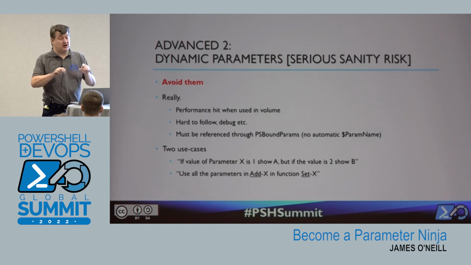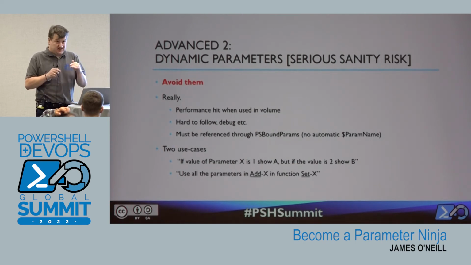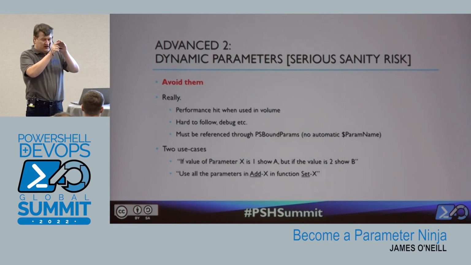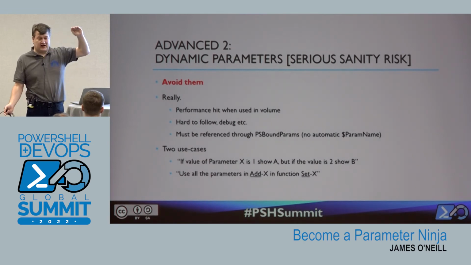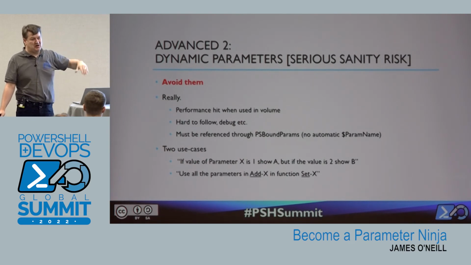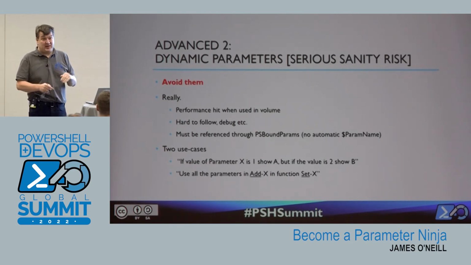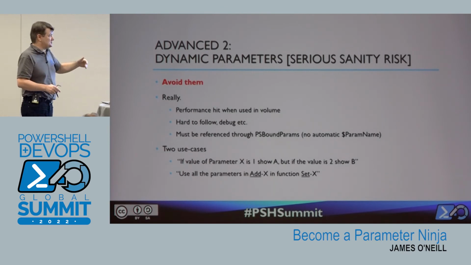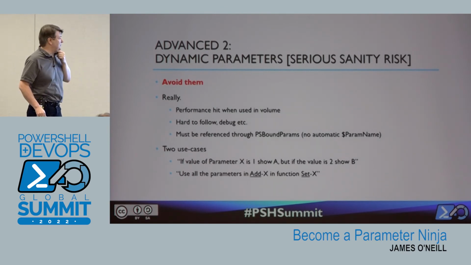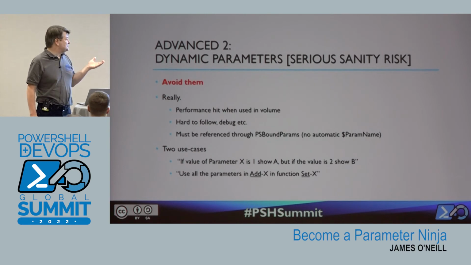If that module was loaded and you did get minus tab, there was about a 20-second delay before you got the first command come up. And what was happening was they had a whole raft of about 100 dynamic parameters, all of which were making server queries. So we were making 100 API calls to servers sequentially, populating these dynamic parameters, and then we didn't do anything with it. We just said, okay, and now we know what all the commands available are. So that was the performance hit.